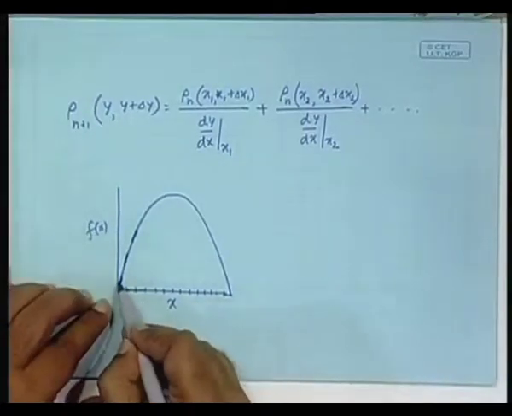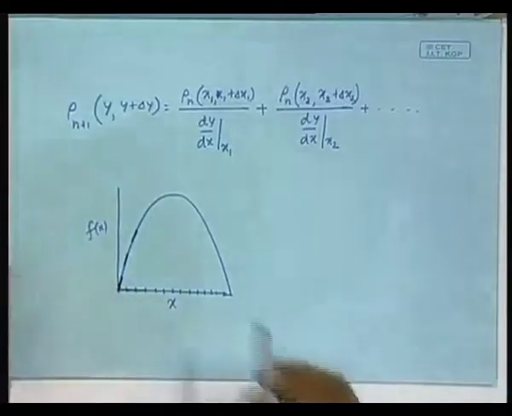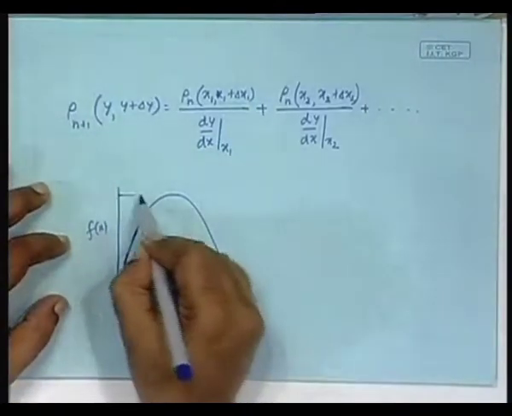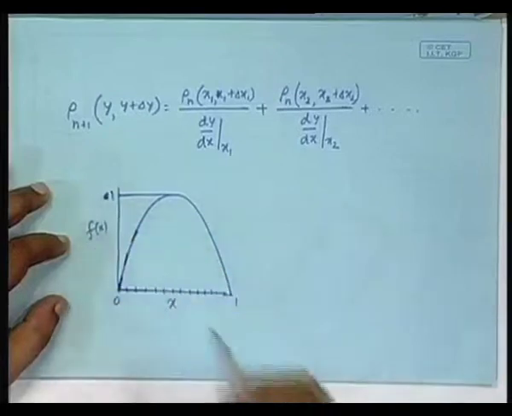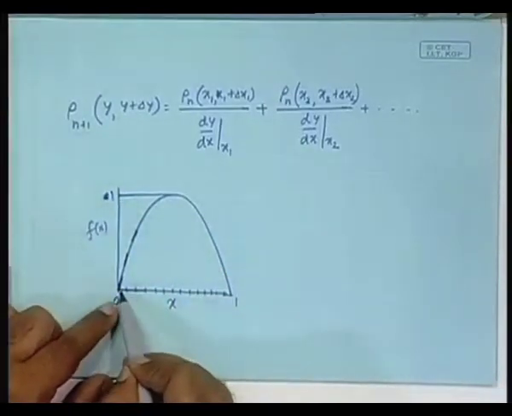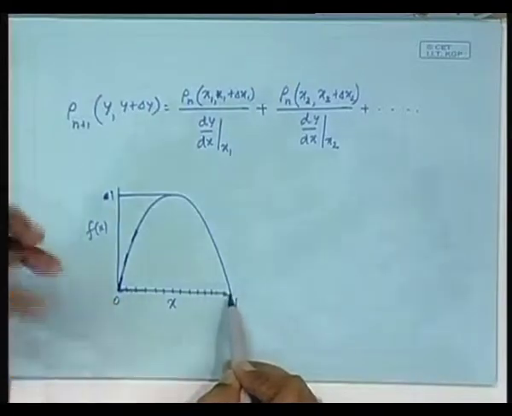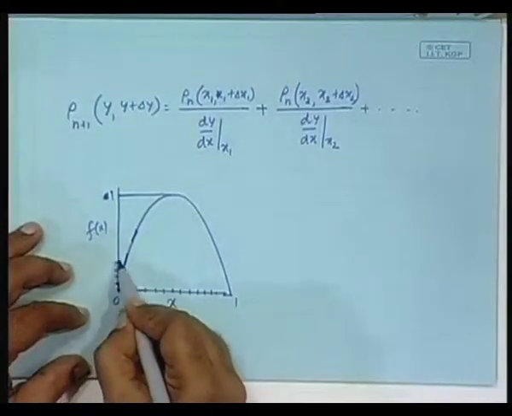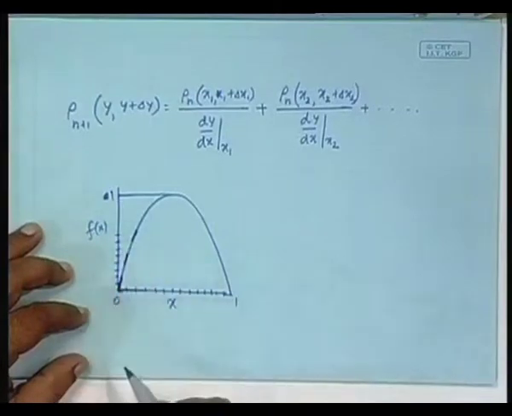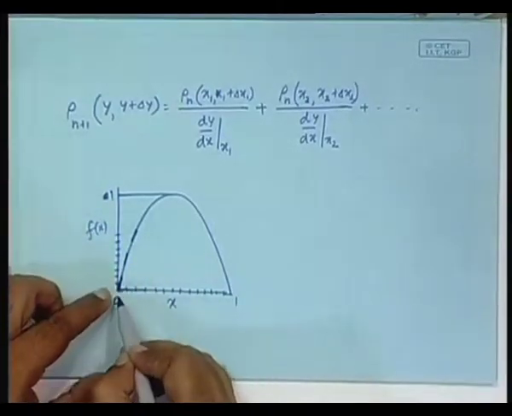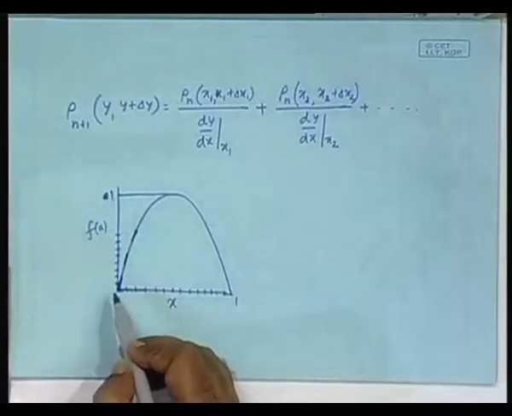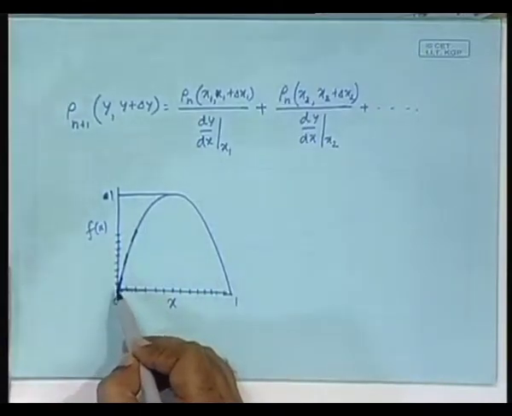Notice that here it is 0 to 1, here it is 0 to 1. Then if this is divided into 100 bins, this is also divided into 100 bins. Now, for this bin, you will have to ask yourself, where does the iterate come from?